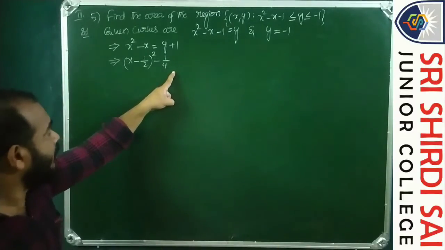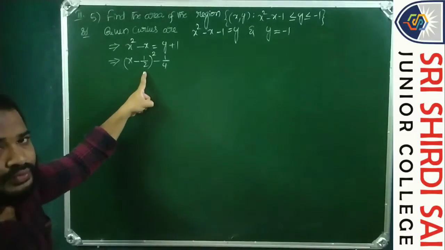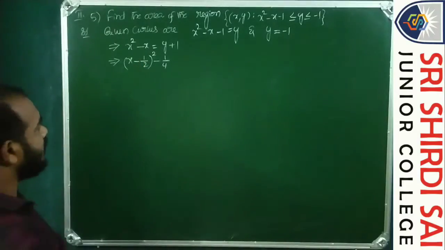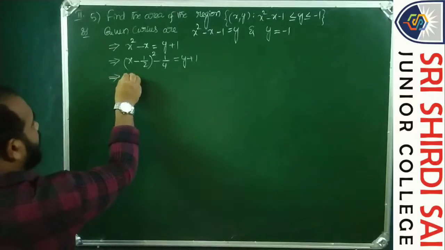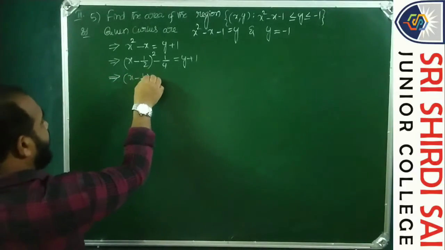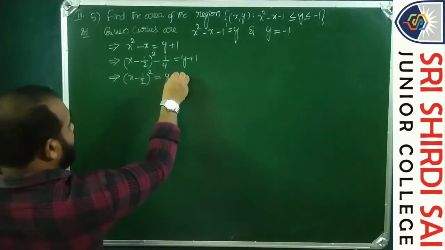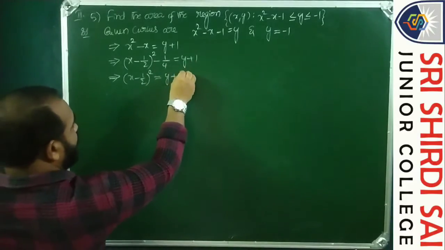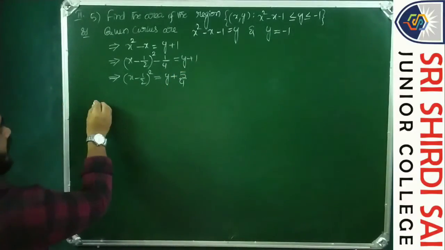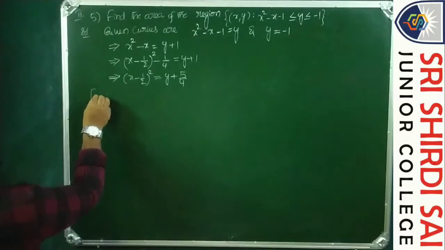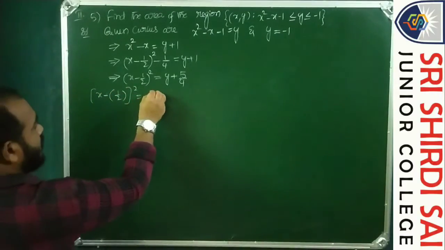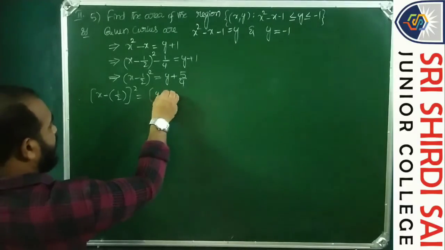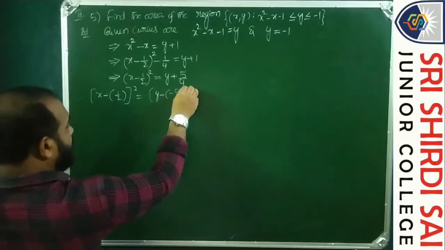Minus 2ab, minus 2 into x into 1 by 2, 2 gets cancelled, I am left with x, equals y plus 1. This equals x minus half whole square equals y plus 1 by 4 is 5 by 4. Therefore, x minus half whole square equals y plus 5 by 4.